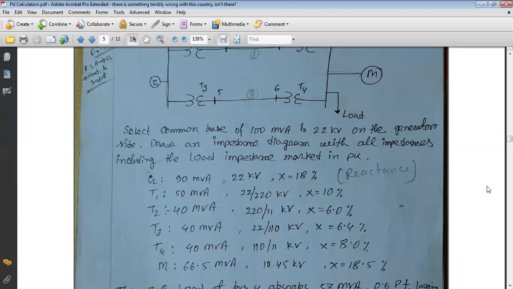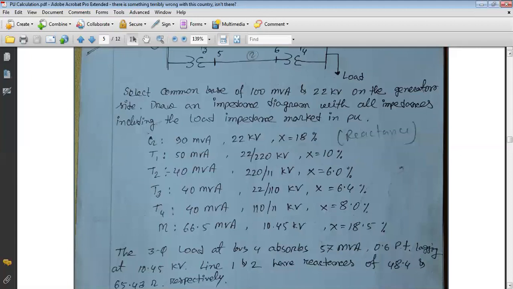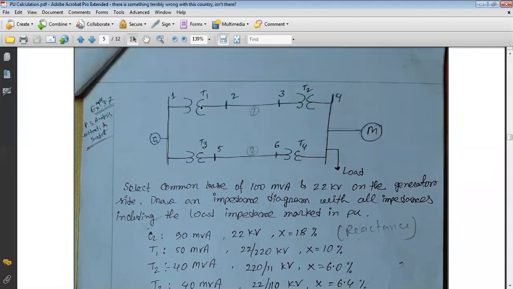So now, at first, to solve the question, we need to understand what the question is really saying, or what the question actually means. This diagram is called the one-line diagram, because all the devices are three-phase devices, but instead of the three-phase transmission line, we replace it by a single line.